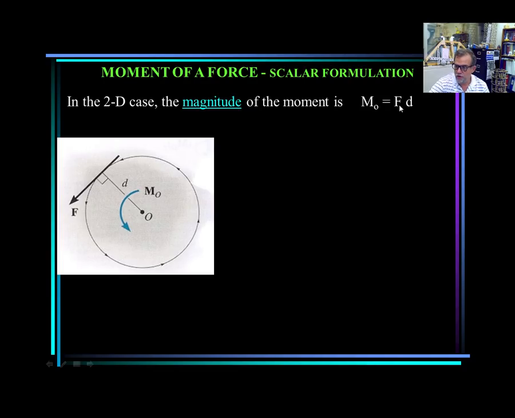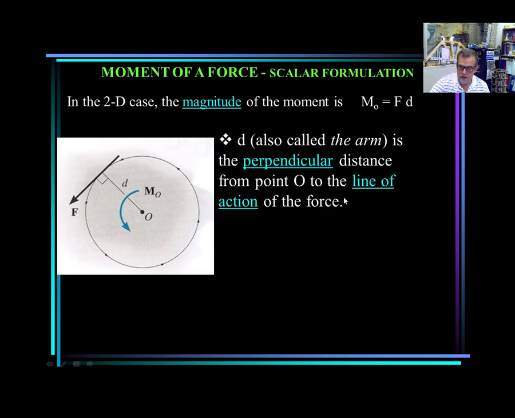So in order for you to calculate this in 2D, not using vectors, not using anything else, just a simple multiplication of the magnitude of the force and the magnitude of the distance, that force and that distance should be perpendicular. And it is important for you to repeat this. D is also called the arm.